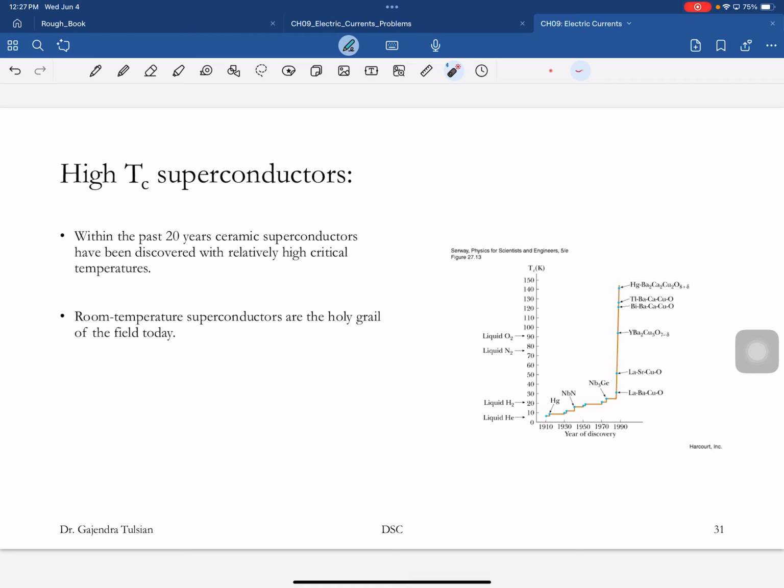Nobody ever thought of using those. But then the floodgates opened. And I don't know what the critical temperature is now, but anyway, this is 150 degrees Kelvin, the critical temperature. And now the problem with some of these materials is you can't make them into nice wires and stuff.